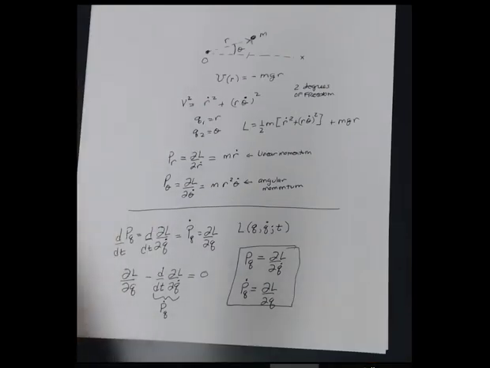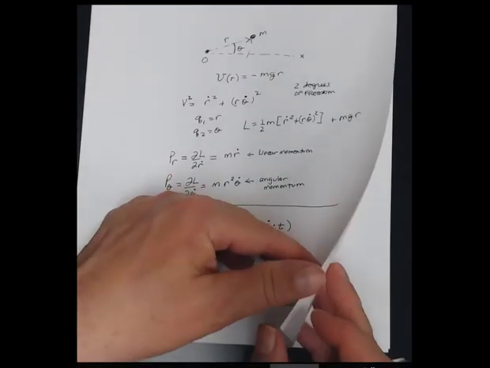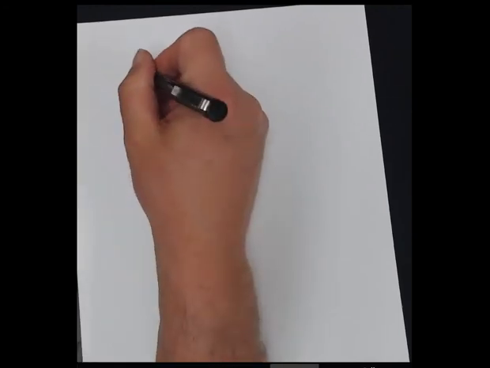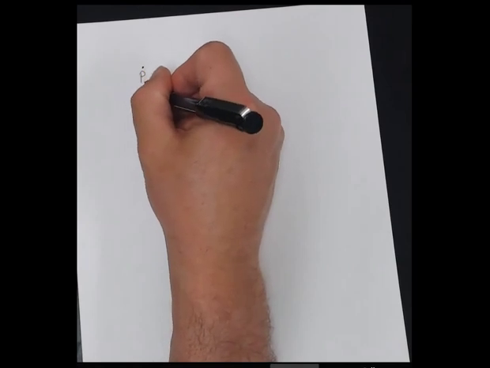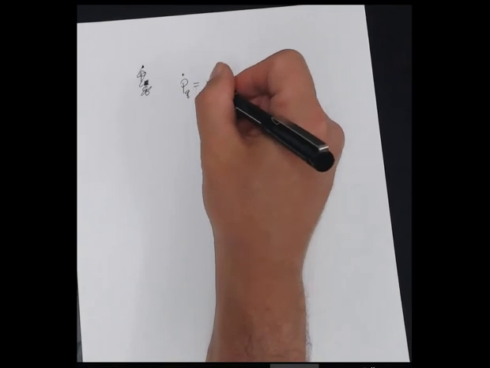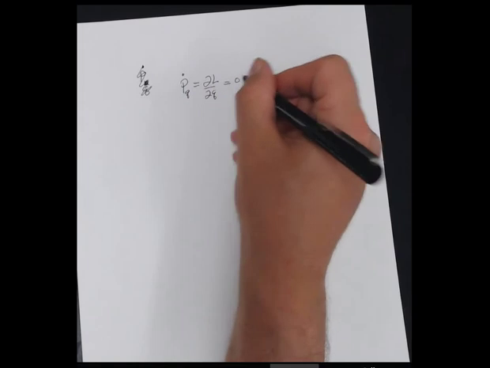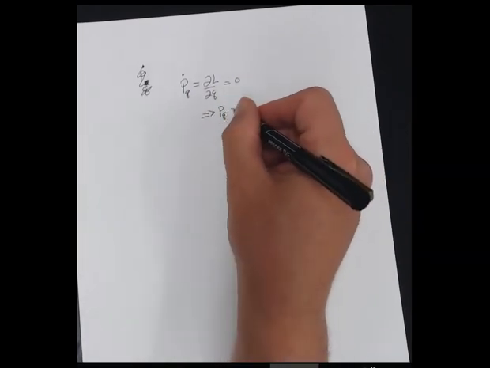So I have a couple more things to say about generalized momentum and constraints. First of all, if the time derivative of p of q, which we said is this, is equal to 0, what does that imply? That implies p of q is a constant, right?